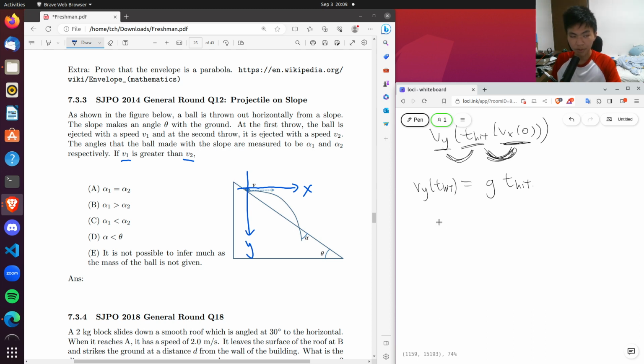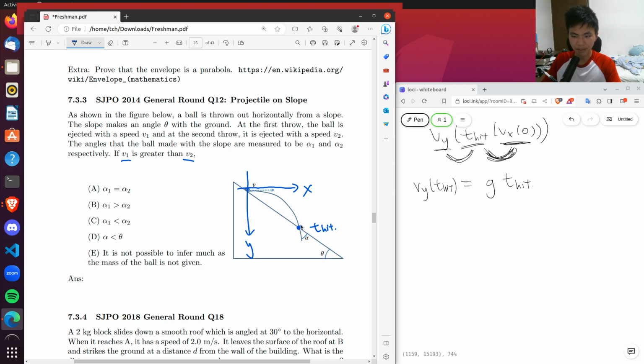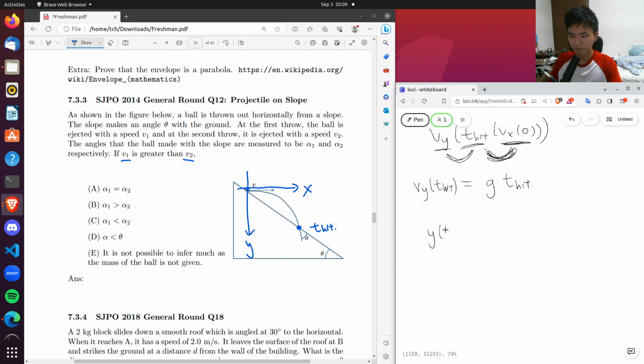So to do so, we need to find when the ball hits the ground, when the ball hits the slope. And to find this time, we need the positions as a function of time. So notice that y as a function of time is just half g t squared, and x as a function of time is just the horizontal velocity, which is constant, so it's just the initial velocity times time.